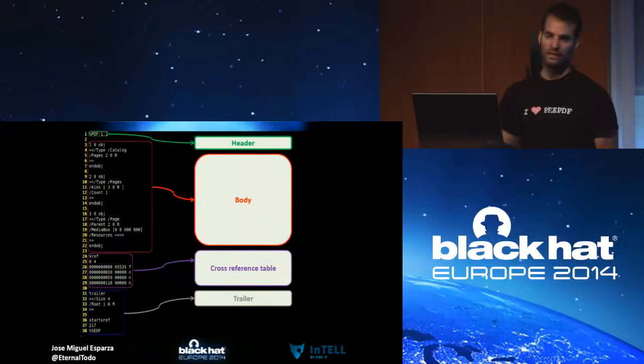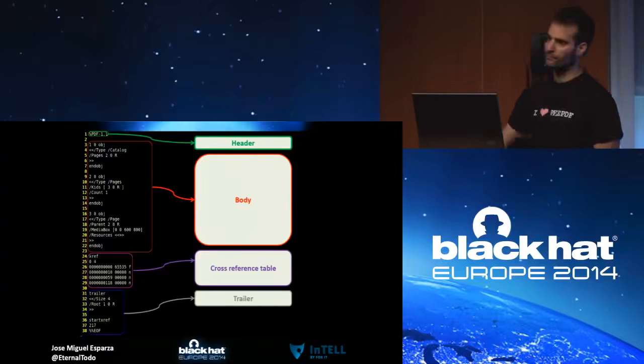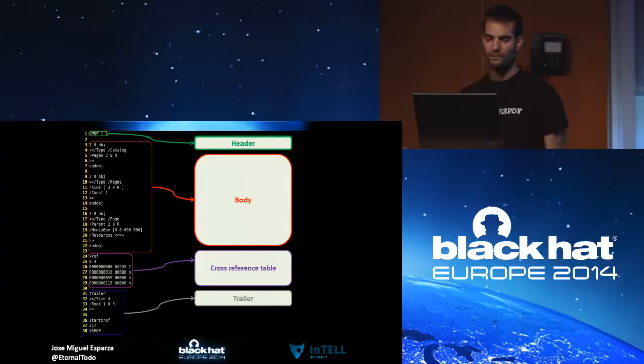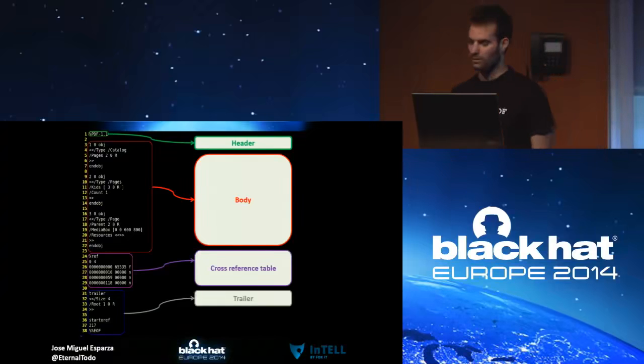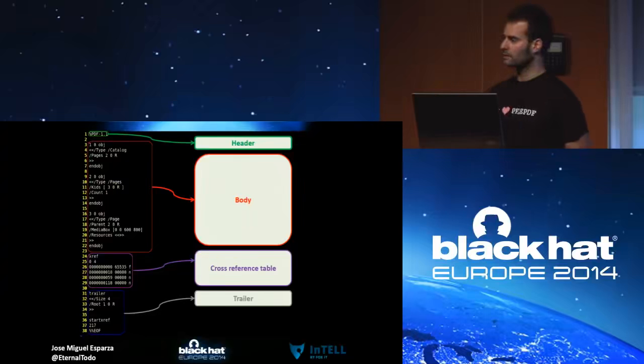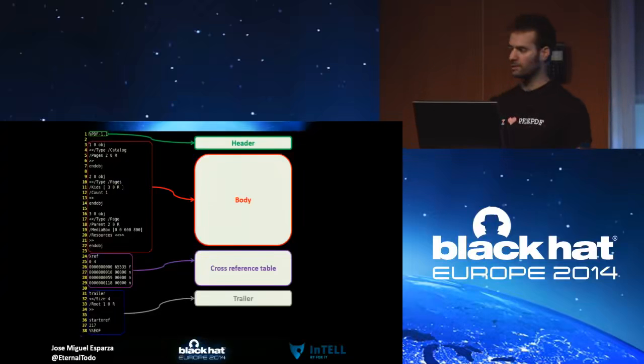So what we have normally in a PDF file, we have a header where we can see the version of the PDF format, I mean. Then you have the body of the PDF that is a sequence of objects. Then we have a cross-reference table that is like a table of contents of the PDF, with all these lines saying this object is at this offset and this other object is at this other offset.